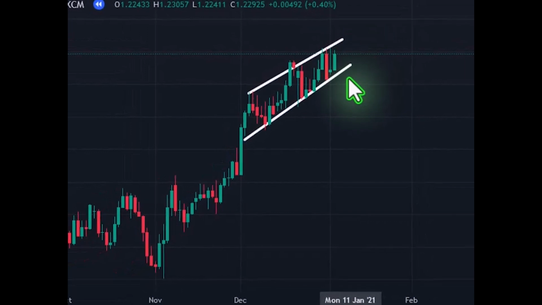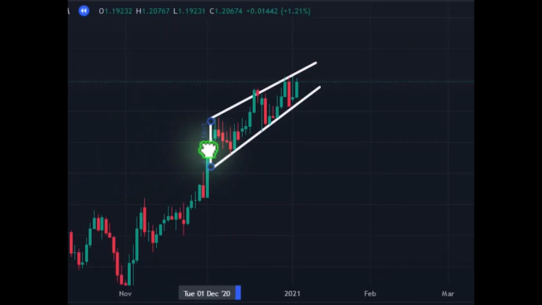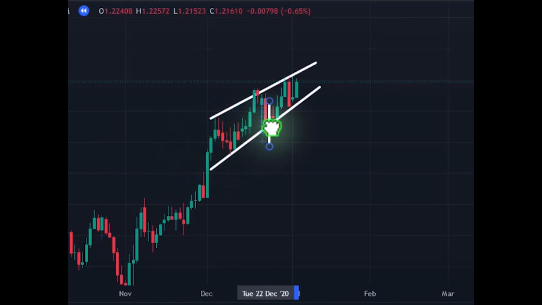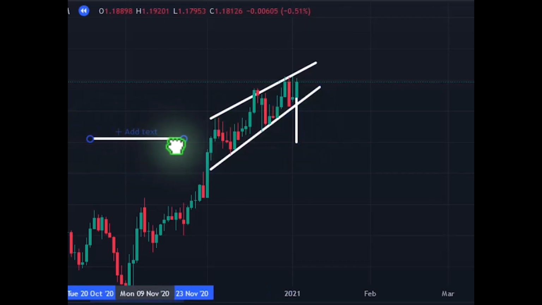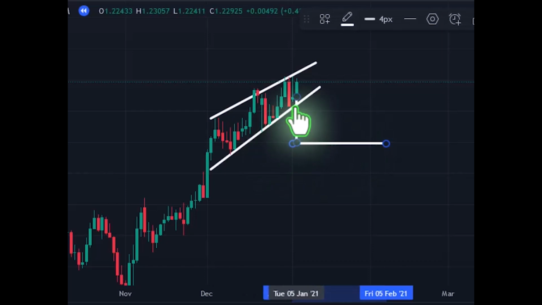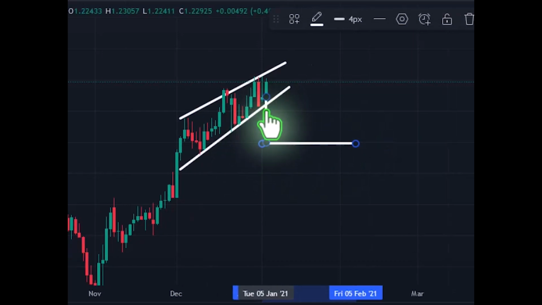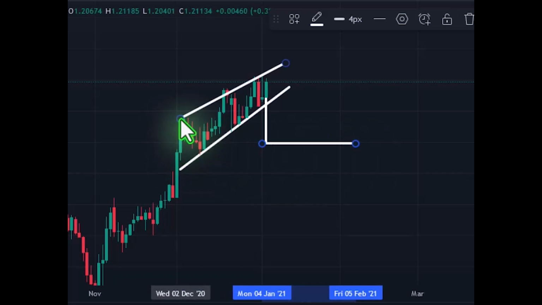Like I have said previously, when this occurs, you should be looking for an opportunity to short this. The target should be the length from the resistance to the support. So you measure and you take it to where the breakout occurs. That is how you determine your target level. So let's say the breakout occurs here. Our target is supposed to be here, which is the equal length from here to here that I measured.